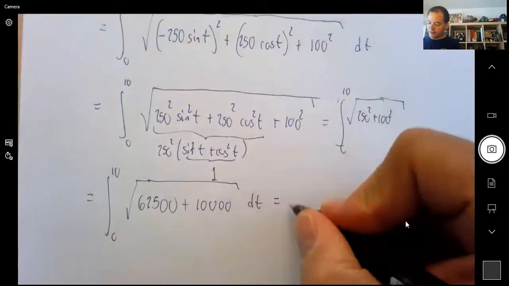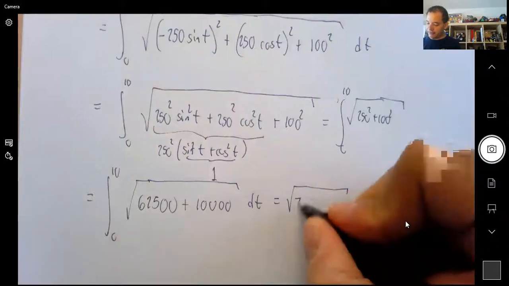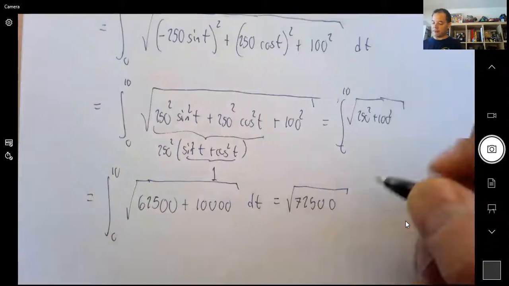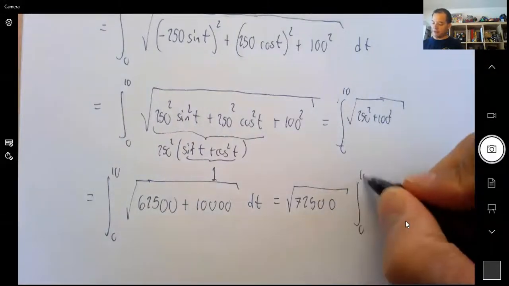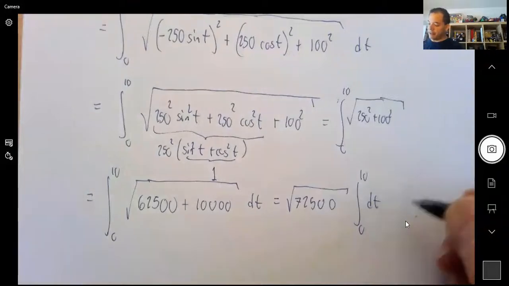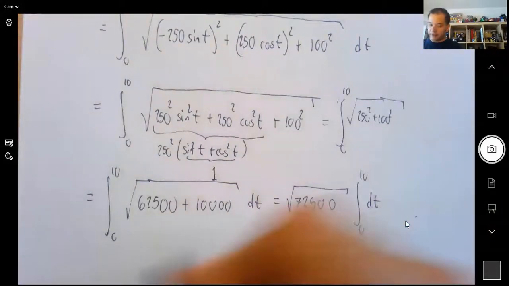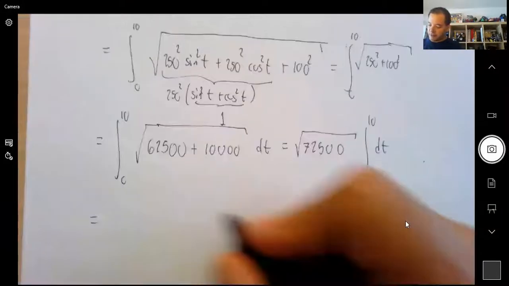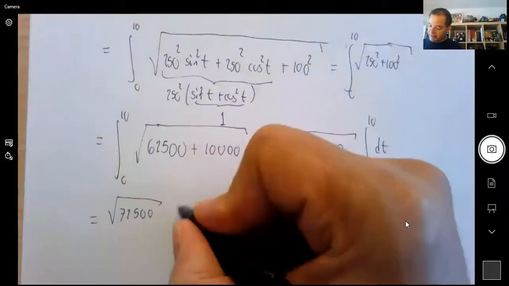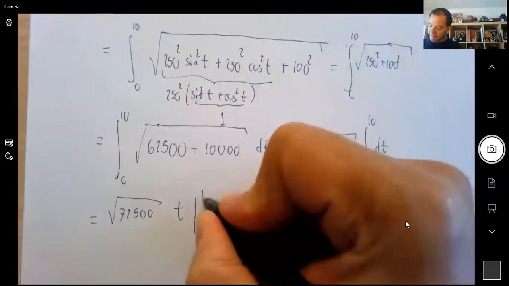It's just a constant that we can take out of the integral, times the integral from 0 to 10. And then that's it. We were lucky. This is a very simple integral. It's just this weird constant times t from 0 to 10.